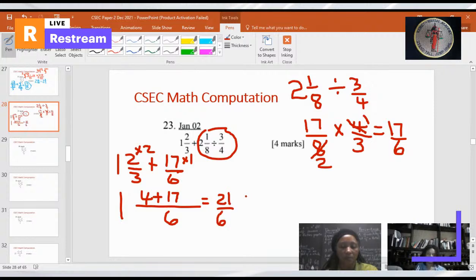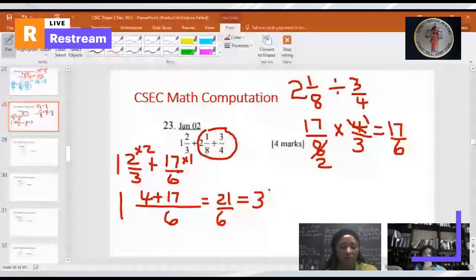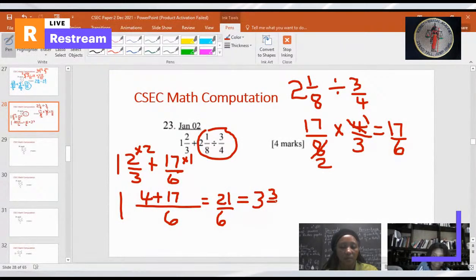And then we're going to change it to a mixed number. So 6 into 21 goes 3 times, remainder 3, so 3 over 6. And then we're going to add back the 1 whole to it.